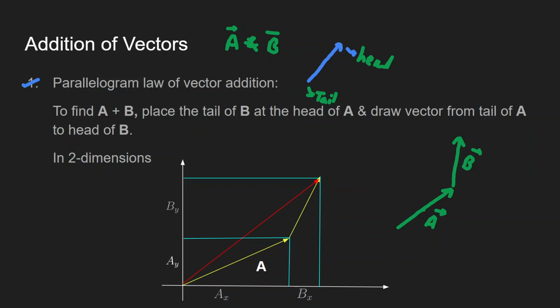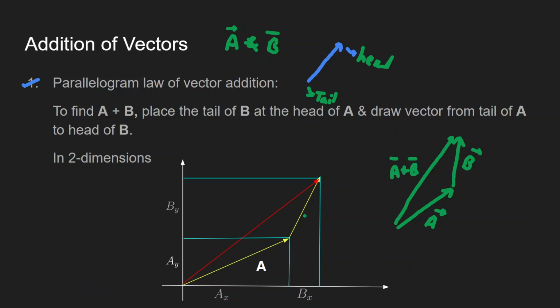See, the head of A and the tail of B are aligned. Then I will draw a vector starting from the tail of A to the head of B, and this vector we call vector A plus B. So graphically we have represented it over here.